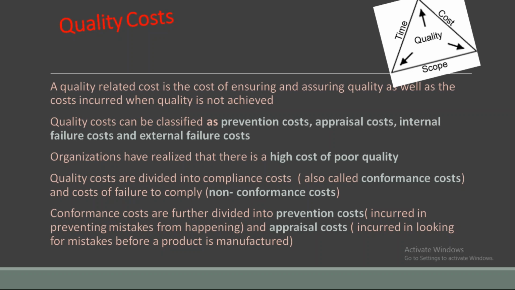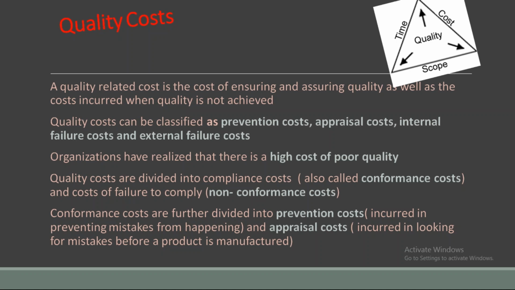So quality cost can be divided into two main areas, conformance cost and non-conformance cost. Conformance cost is because you incur some cost at the initial stages, so your quality will conform to the expected quality. There are two conformance costs, one we call prevention cost, one we call appraisal cost.